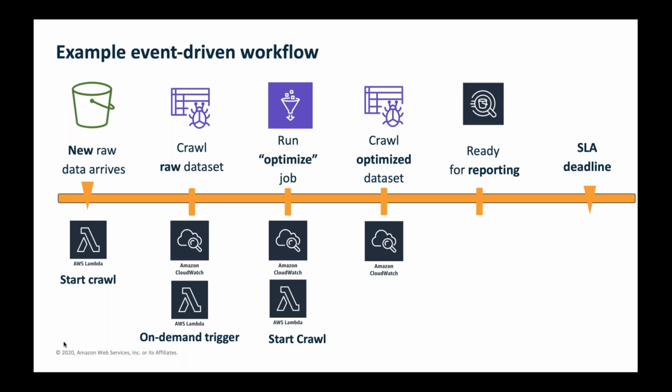When that's done, we're ready for reporting. Our new data is in the bucket, and our visualization tools can pick it up. So this is what an event-driven workflow might look like. Something happened, so we trigger Glue to run a crawler, to run a job, and to output all the data that's generated into a new storage component.